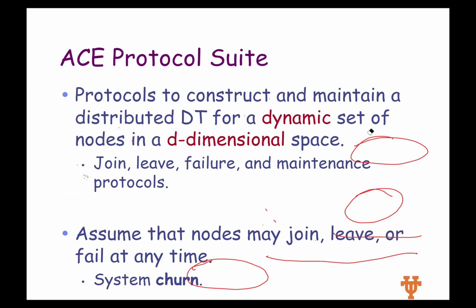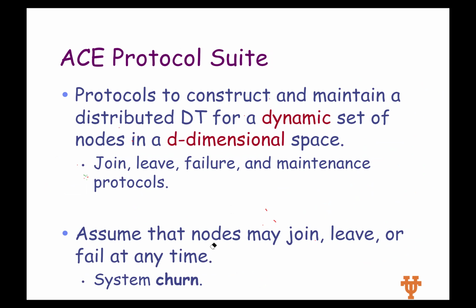So this protocol is to build a correct distributed DT for a dynamic set of nodes in a d-dimensional space. It also assumes nodes will join, leave, and fail, which, if we do a database, we don't need to care about, because the database entries will not fail.